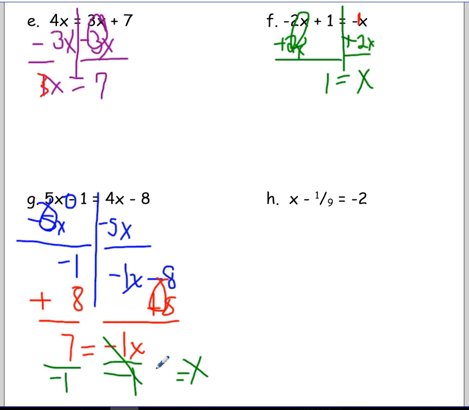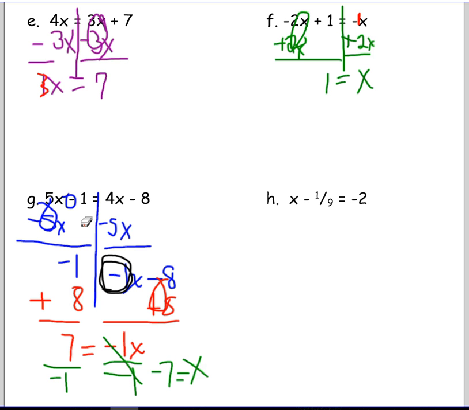And 7 divided by negative 1 is negative 7. So if you end up with that negative in front of your x, then both sides end up changing signs. We need that to become a positive, so whatever sign is on your constant, it'll end up switching when you think of dividing off that negative 1.